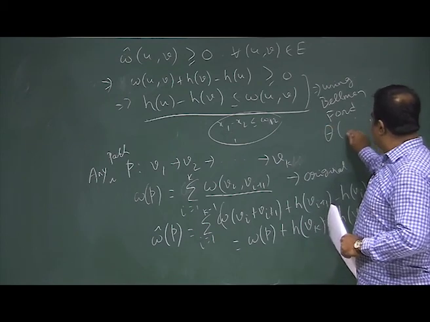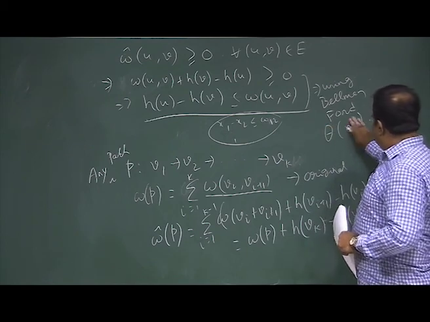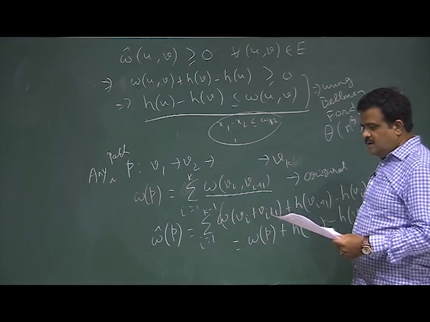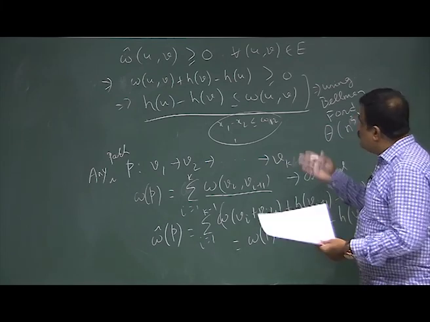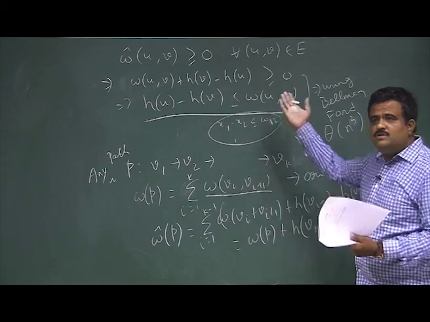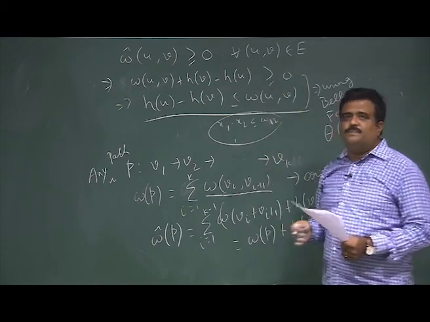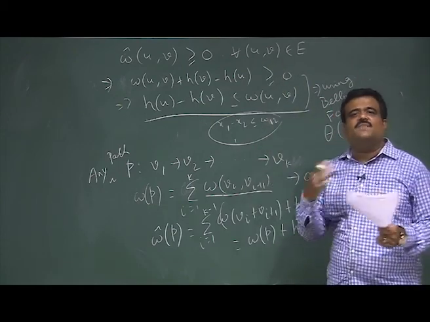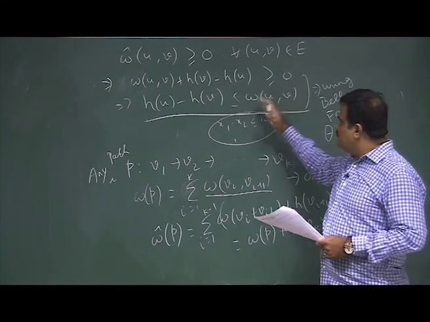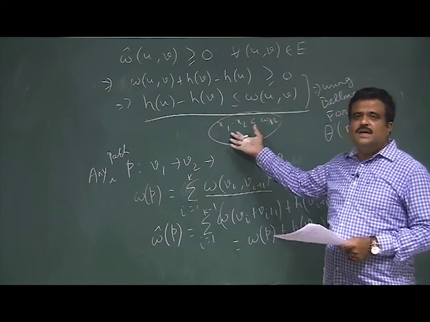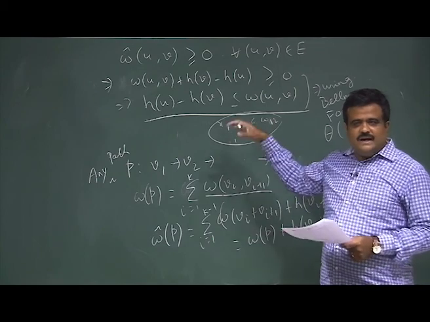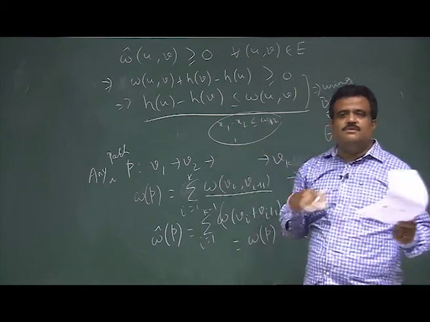Bellman-Ford will take order of V comma E, say order of n cube, and once we relabel it, then we know that there will be no negative weight edge in the graph. Then we can run Dijkstra's. This is the first step: we got the h, then we relabel the edges.